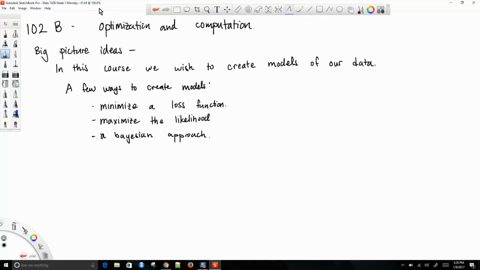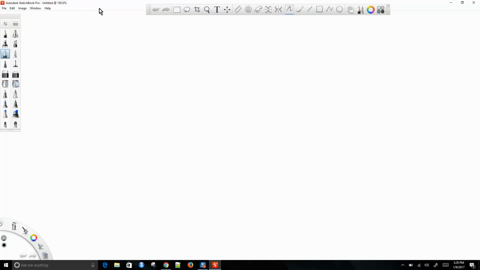This is not going to be a full-fledged Bayesian class, but we'll at least get some of the concepts there. Today we'll start with this idea of minimizing a loss function. We're going to work through an example that we're already all very familiar with, and that's linear regression.